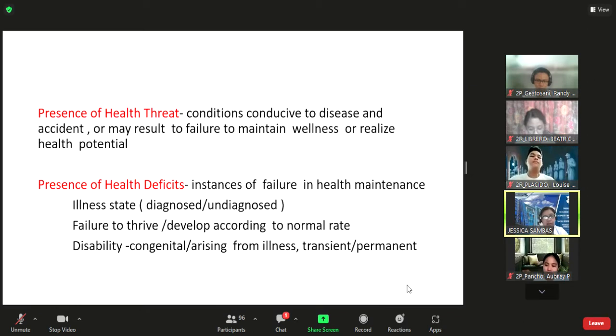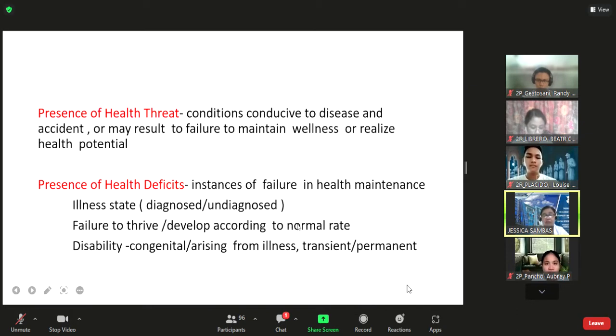Now, another category of the problem that you have identified could be presence of health deficit. Pag sinabi natin health deficit na po, there is already a failure in health maintenance among the family members. It could be that one family member is already diagnosed with a certain disease. May sakit. There is an illness, whether it's diagnosed or undiagnosed.